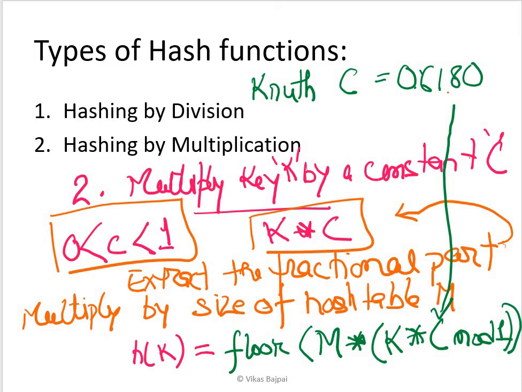So this has come from a calculation which Knuth has said, which is square root of 5 minus 1 by 2, from where we get this particular value.